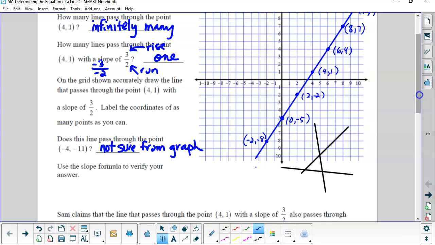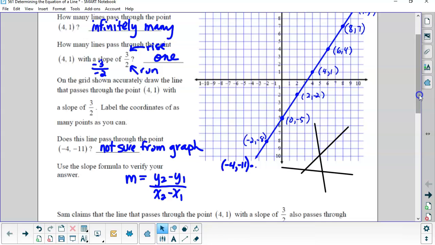It says use the slope formula to verify your answer. So remember, slope is y2 minus y1 over x2 minus x1. Points on the same line, remember, have the same slope. So now if we're going to test out the point negative 4, negative 11, then I'm going to test it between these 2 points here.